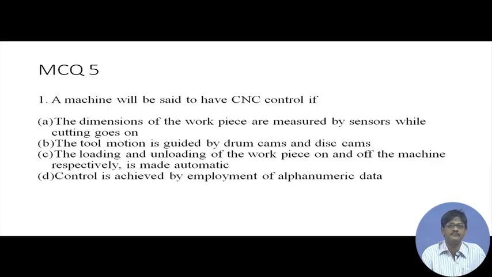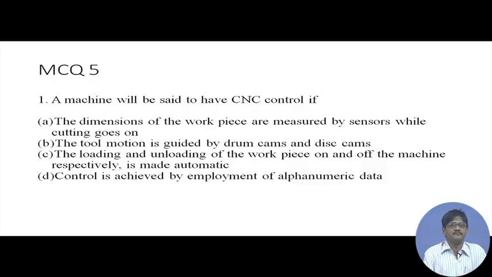Now, a machine might well be CNC even though loading and unloading of the job might be manual. Generally those machines are referred to as semi-automatic machines, and therefore, the actual machine movements have not been explained in C, and they have not been made clear, and therefore, only the aspect of loading and unloading becoming automatic does not render the machine CNC.